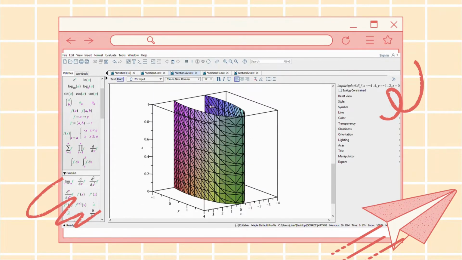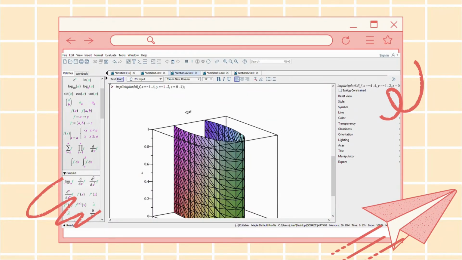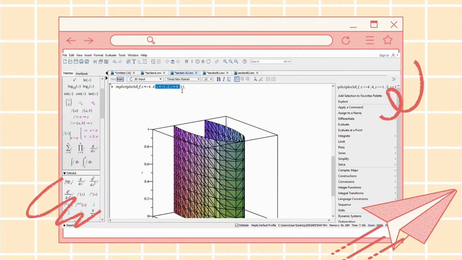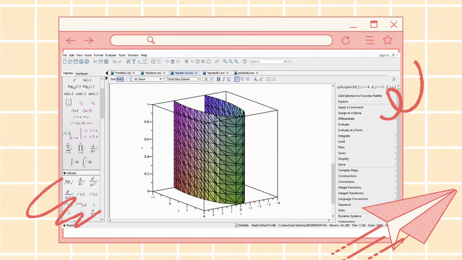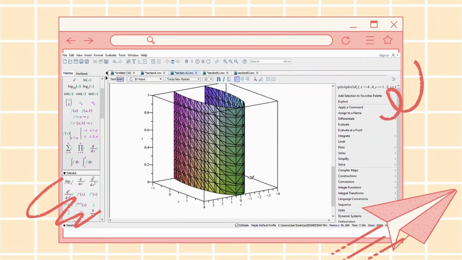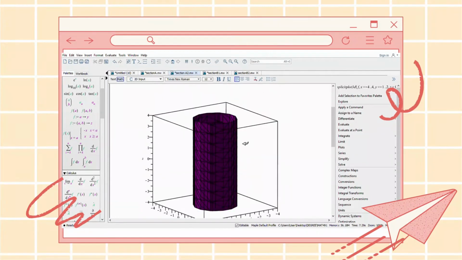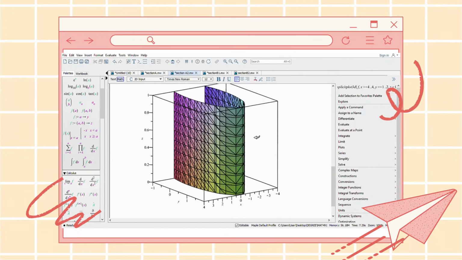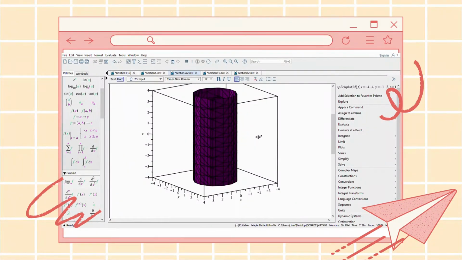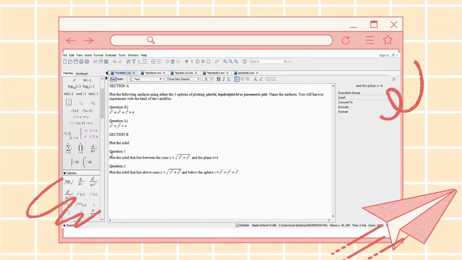Since I changed the y and z axis limits, the surface also changed. As we look at the output, it looks like it has been cut. Comparing output 1 and the second output, we can conclude that this is a cylinder surface.